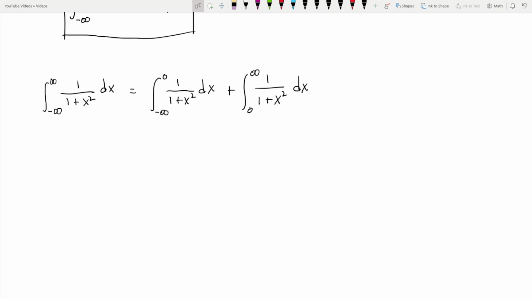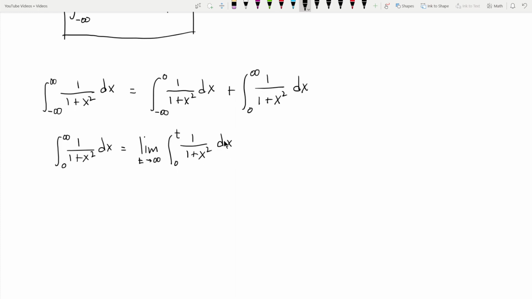So let's do this. I'll take the positive one first. That's going to be the limit as t goes to infinity of the antiderivative from 0 to t, 1 over 1 plus x squared dx.